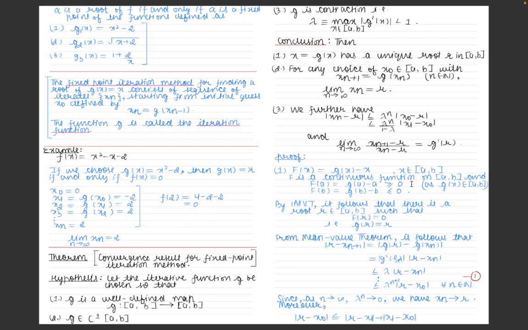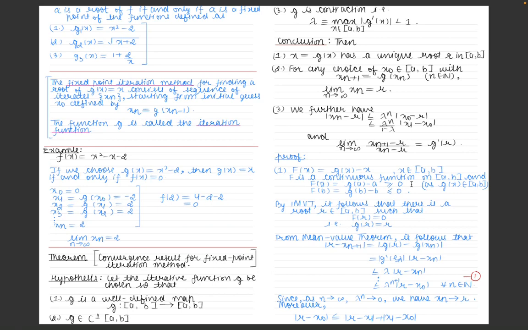Our x3 will be g of x2, which will be 2. And you keep on doing this, you see your x_n from here onwards will be 2. So for this iterative sequence, you see the limit of x_n is actually 2, right? And here f of 2 is 4 minus 2 minus 2, which is 0.